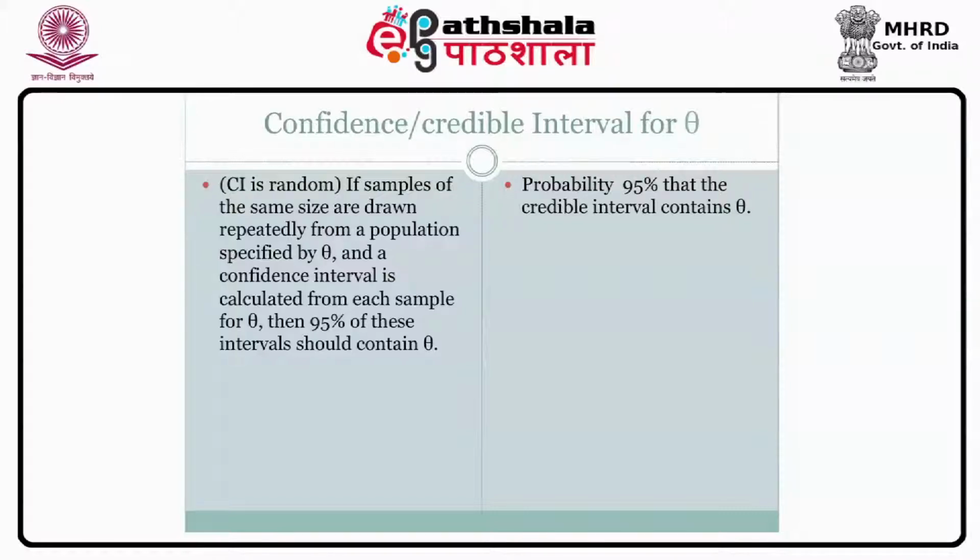So if samples of the same size are drawn repeatedly from a population specified by the parameter theta, and a confidence interval for theta is calculated, then the interpretation in the Fisherian ideas is that in 95 out of 100 such sets of samples, you can see that the parameter theta is contained in the corresponding interval. Note that in that case, the interval varies from sample to sample.